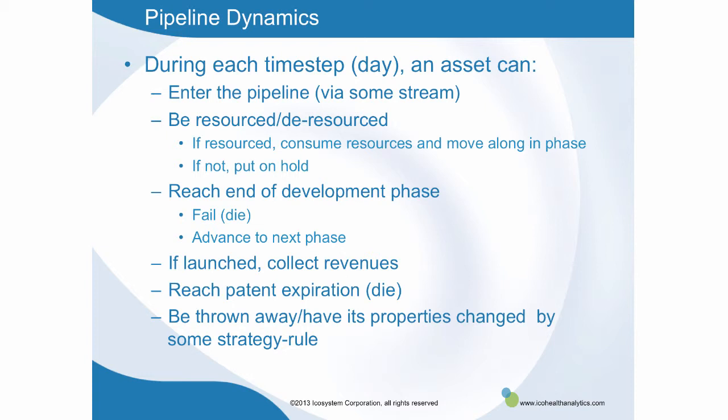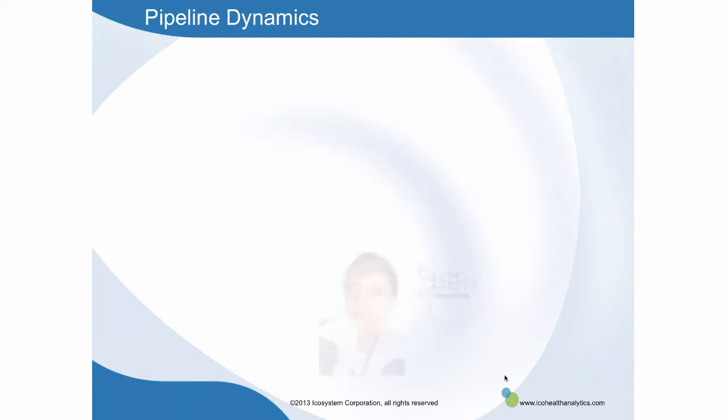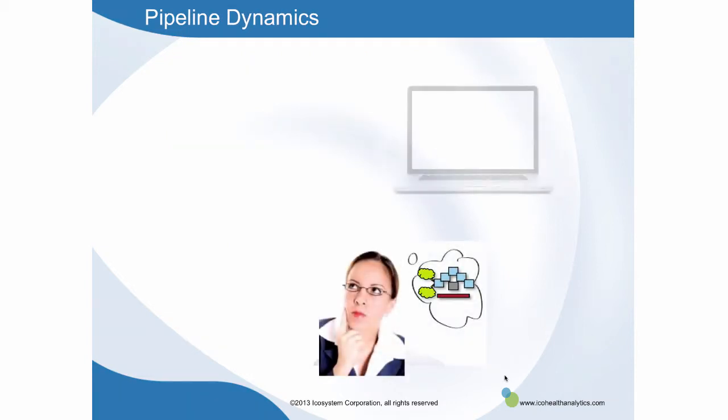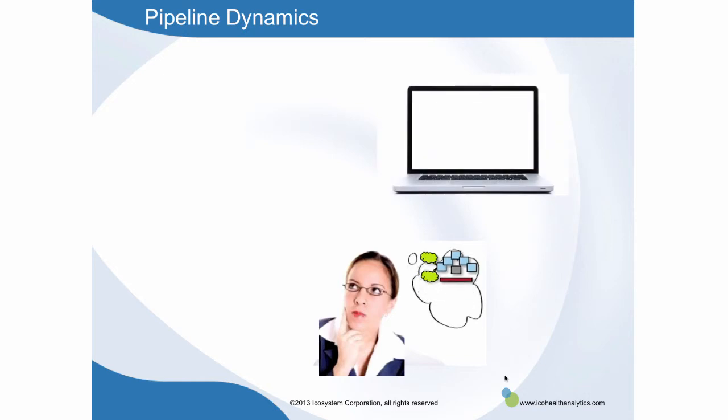In a subsequent video, we will go over SPM's natural and fast way to transform strategy descriptions coming from high levels of the organization into rules that can actually be used in a simulation. While running the simulations, SPM collects data about all the assets that passed through the pipeline and the events that happened to them.